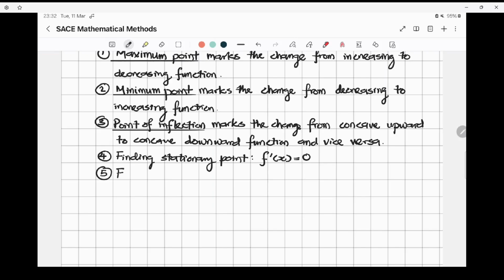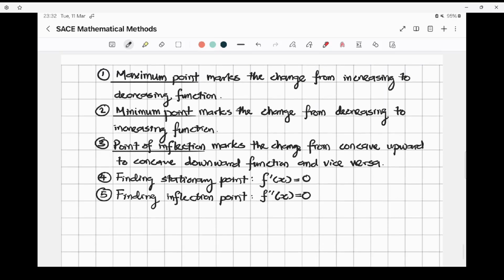If you want to find an inflection point, you need to solve f double prime x equals 0. Okay, so these are the key points for you to identify all the features of a graph.